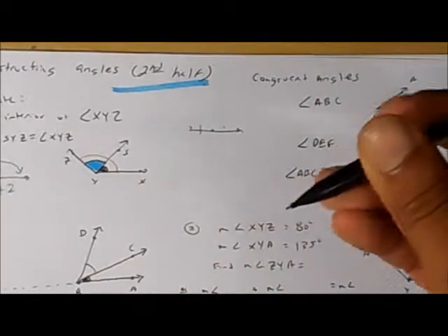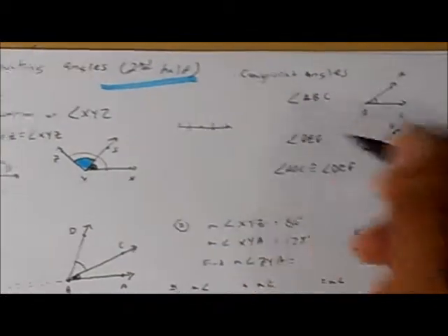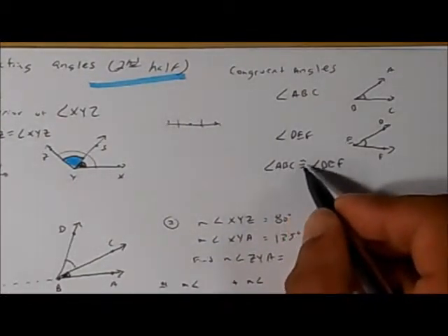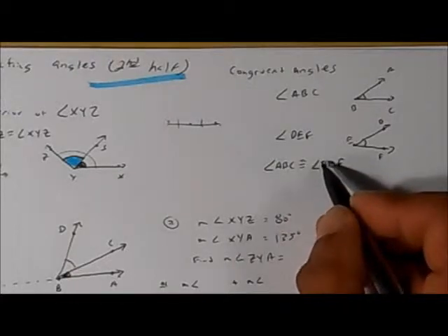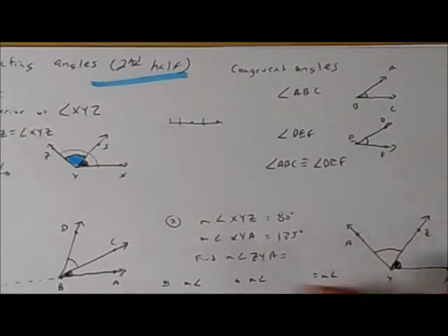So angle ABC is congruent to angle DEF, and this is a different way of looking at things.